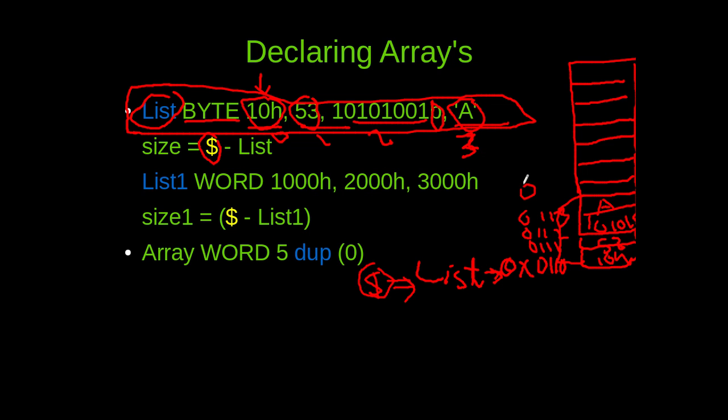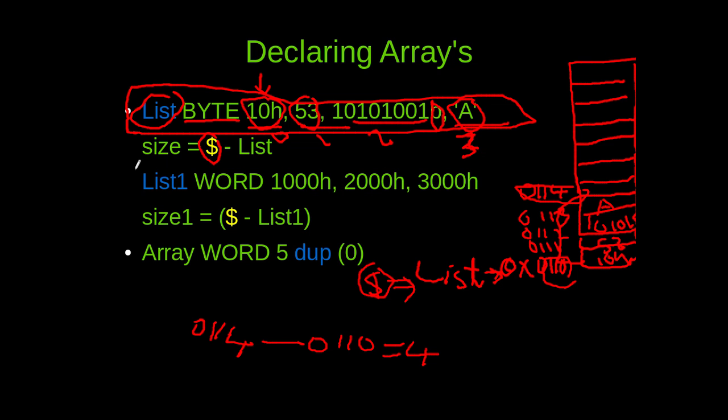It's going to be sitting on 0114, waiting for inputs. So I'll have $ sign 0114 minus 0110, which is this address. This is the current location pointer now. It's going to be what? 4. Size will return number of bytes in memory. How many bytes did this take in memory?